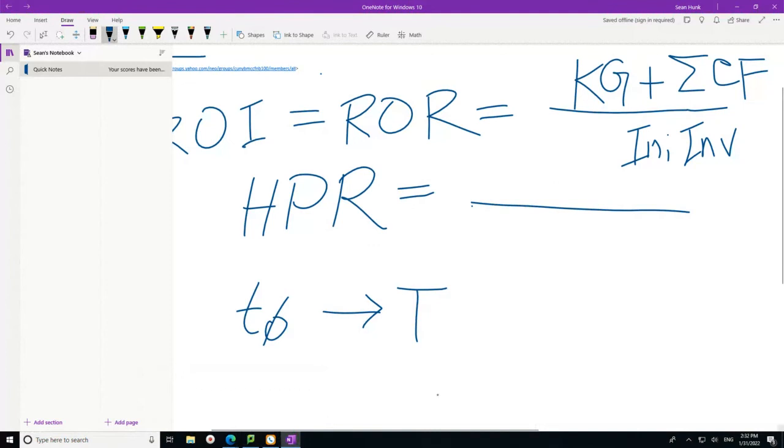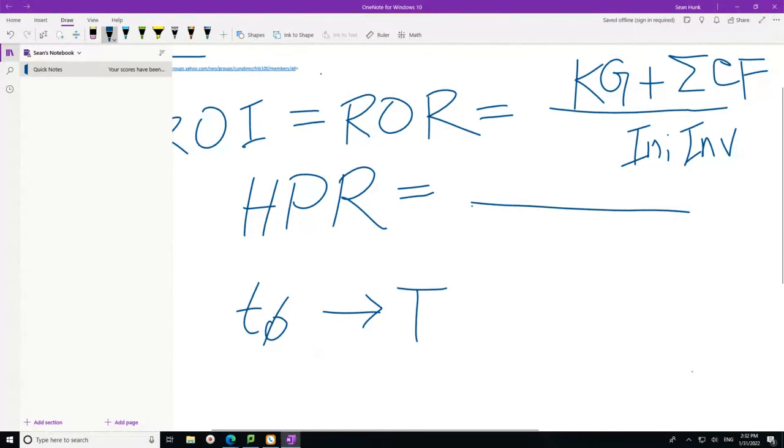Now, uppercase T is the only notation that is in uppercase, because it means the terminal time. Terminal time is maturity, of course.